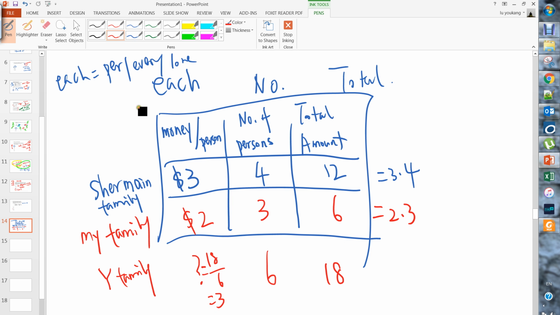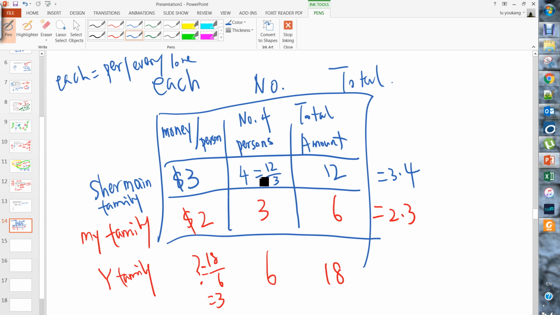Let's say if I ask number of persons, how do you get it? For your family, the total is 12. Each person has 3. So how many people are in your family? How do you get this? Very good. So I want you to know how to get all these values.